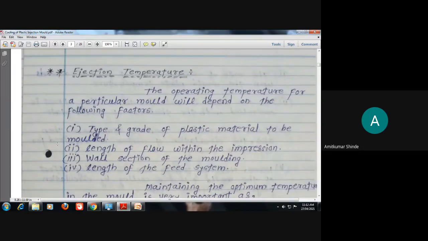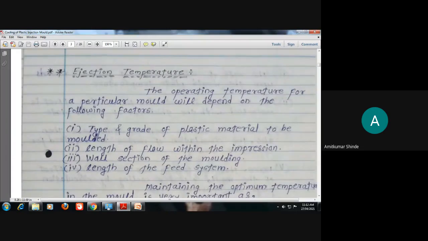And then the length of the flow. Whichever shape and size you are providing for that cavity, in short the change within the impression, will also affect the operating or ejection temperature. Then the third factor is wall thickness. This is a very important part. Whenever you are designing any plastic part, deciding the wall thickness is the main part, and this will affect the operating temperature also.